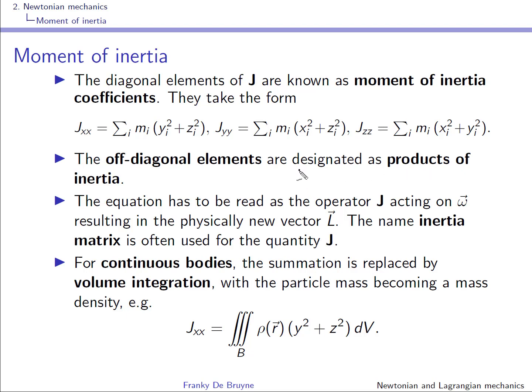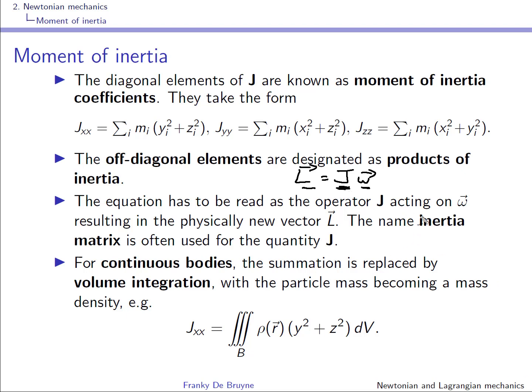So in this formula, you have to read this equation as an operator J acting on a vector to produce a new vector. Often you see the name inertia matrix, but you should actually say inertia tensor, and this is this J element here.